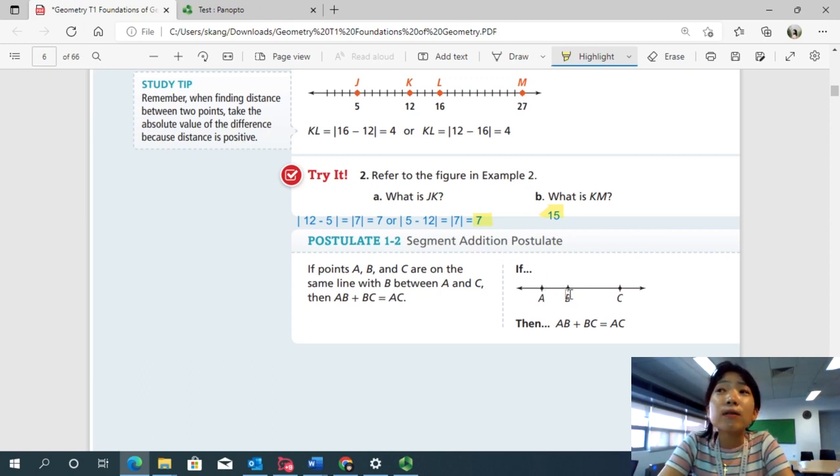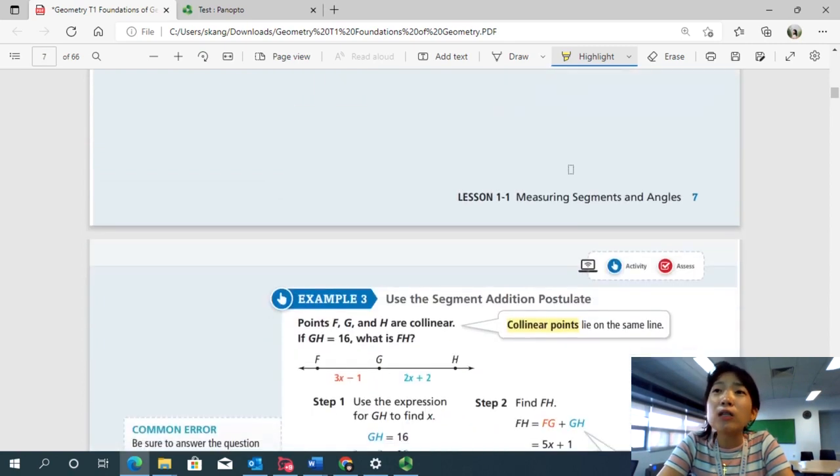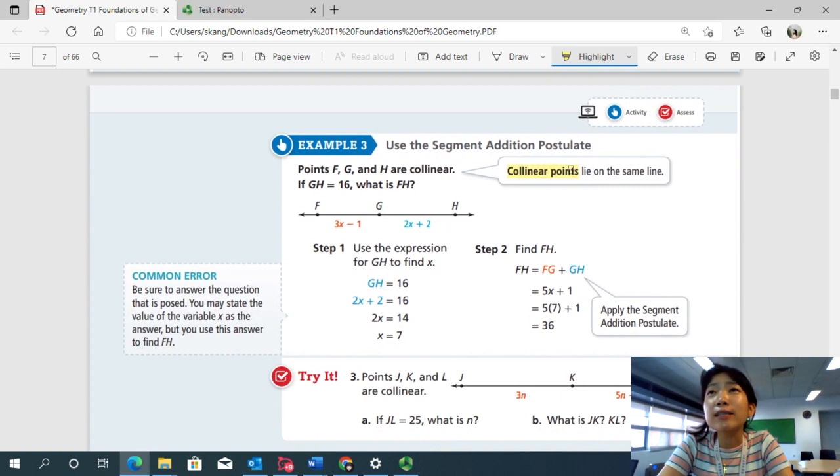And if we divide the segment AC into 2 parts, AB and BC, then if we add the distances between those 2 segments, then we should get the distance between A and C. Okay? That's called the segment addition postulate. It's postulate 1-2.